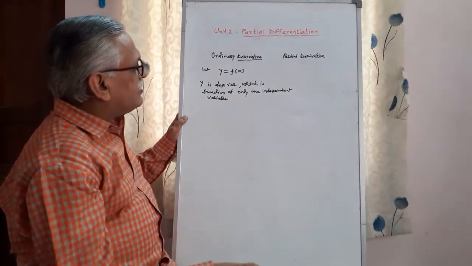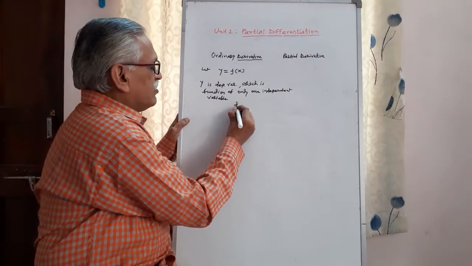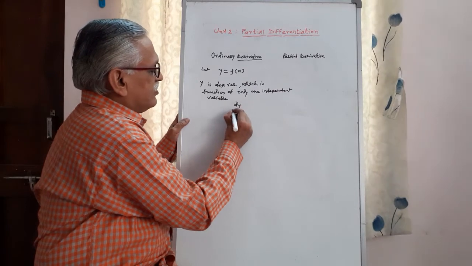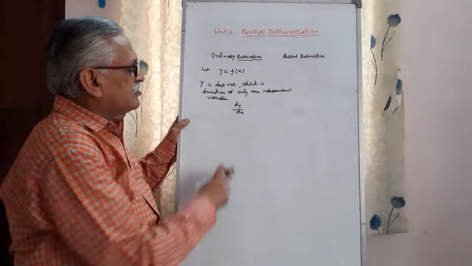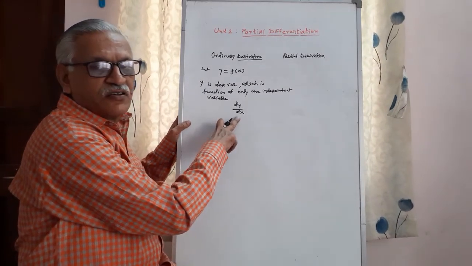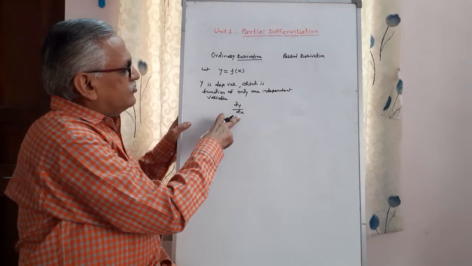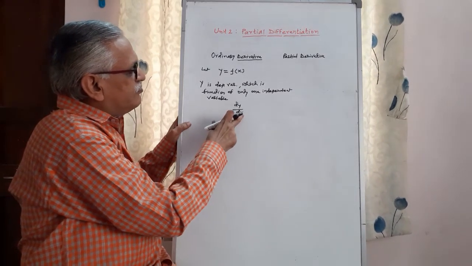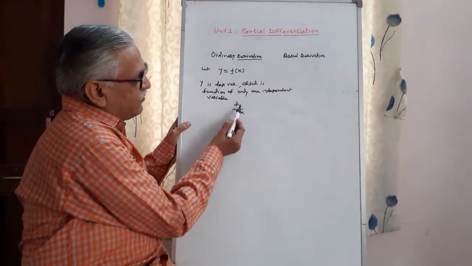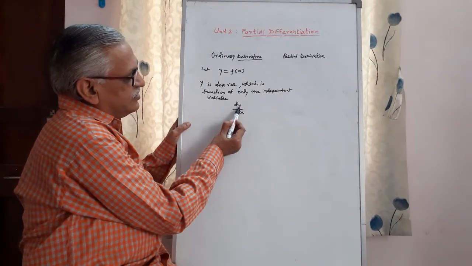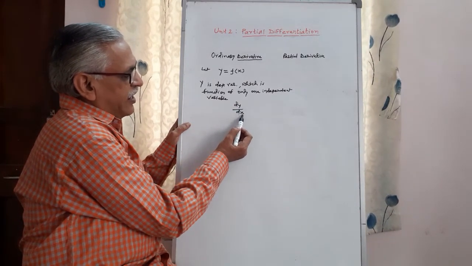Then whatever the derivatives we are getting, that derivative we are writing like this, dy by dx. This type of derivative is called or known as ordinary derivative. What is the meaning of derivative? Here we are finding the change in variable y with respect to change in x.